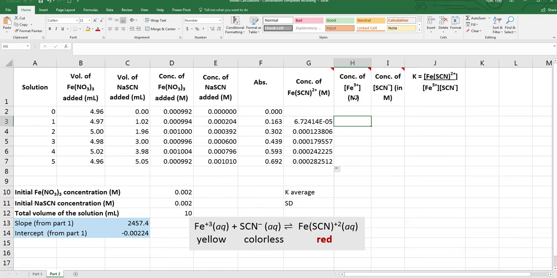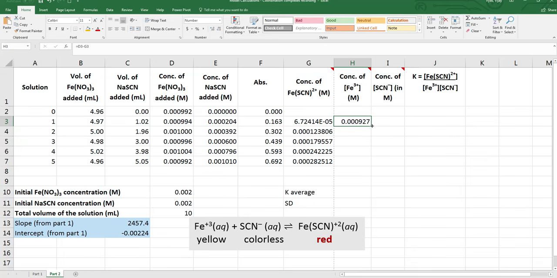You want to know the concentration of iron, and which is simple, whatever your initial iron concentration, and the initial iron concentration minus whatever was used here, right? That's what it says. Initial iron concentration minus the iron used in making the product, which is your iron thiocyanate concentration. So this is equal, your initial concentration was this one, minus this concentration, and enter.